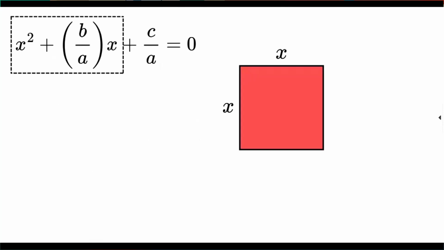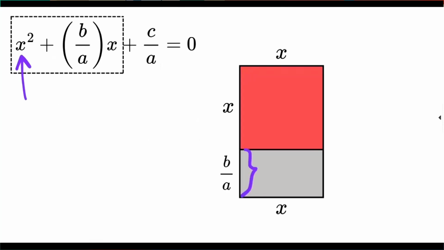Now taking a square which is of side x each, that is x square. Now again making a rectangle at the side which has length x and breadth b by a. Now dividing this b by a into two parts, so each of them has the length of b by 2a. Fine.